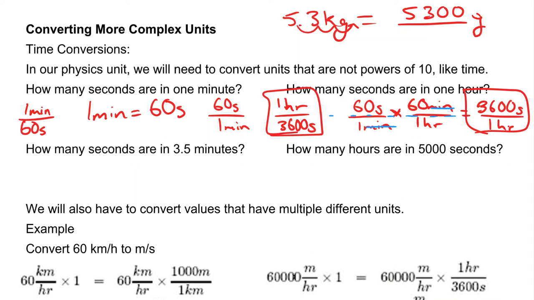So now let's actually use some unit analysis. How many seconds are in 3.5 minutes? I'm going to start with 3.5 minutes, and I'm going to multiply by a fraction because I can't just move the decimal. You can't say there's 35 seconds in 3.5 minutes. That doesn't make any sense.